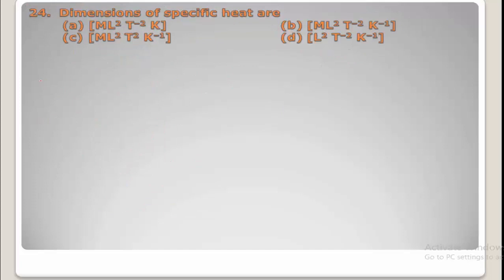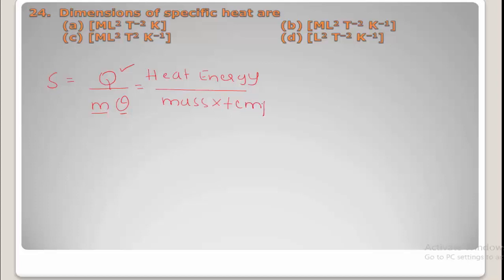Next one, the dimensions of specific heat are. The specific heat is given by S. It is defined as the ratio of Q divided by M into theta, where M is the mass, Q is the heat energy, and theta is nothing but the temperature.